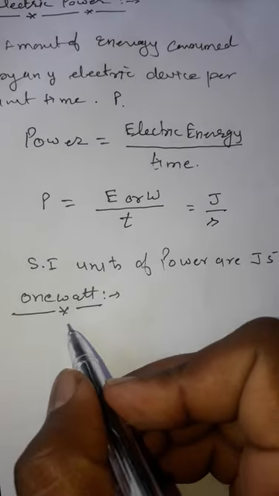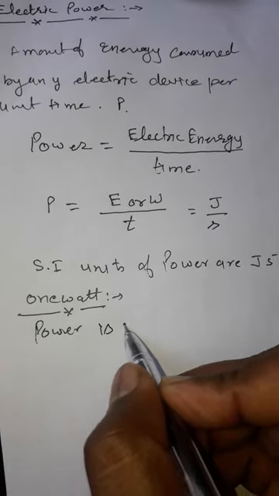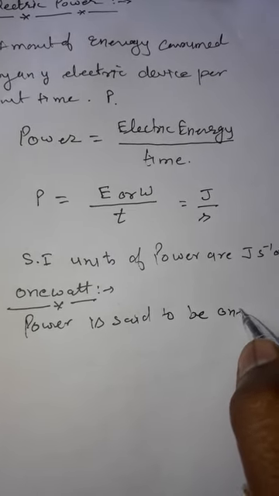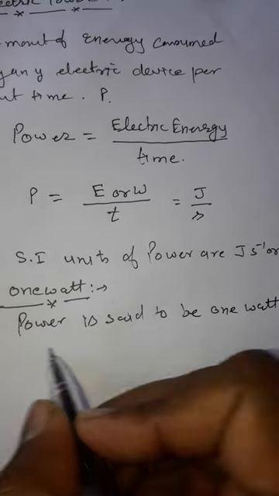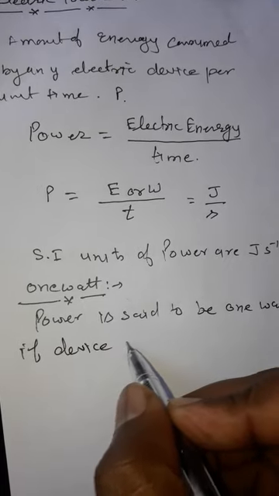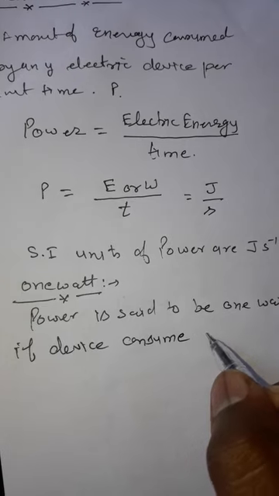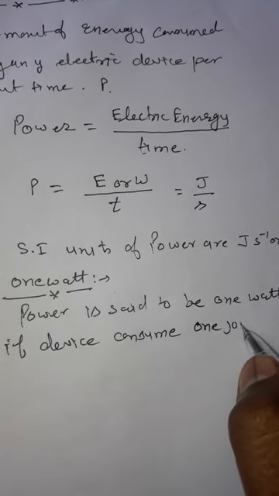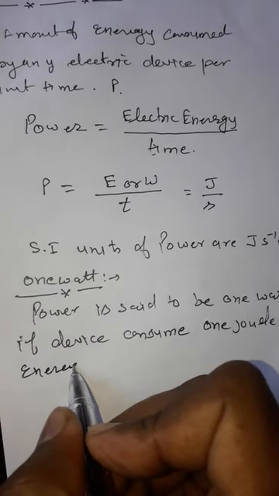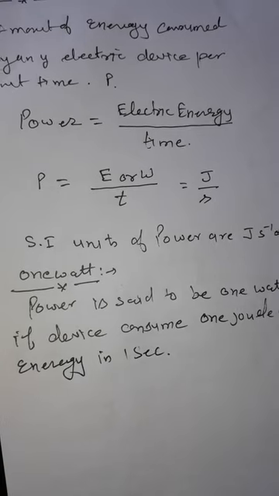So the power of any device is said to be 1 watt if the device consumes 1 joule of energy, basically electric energy, in 1 second.